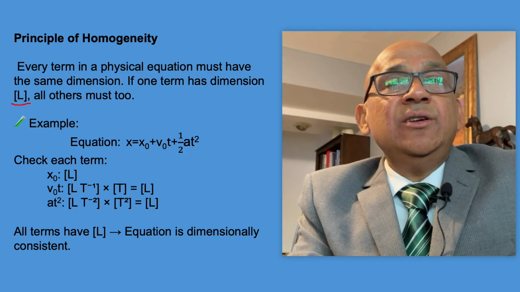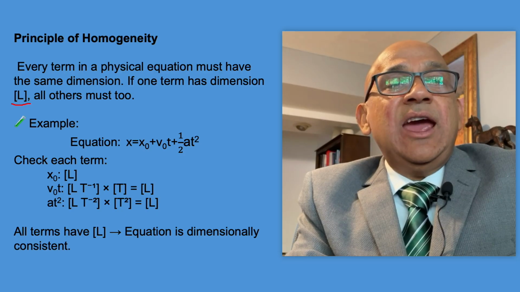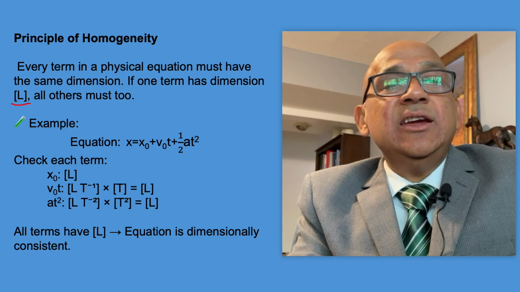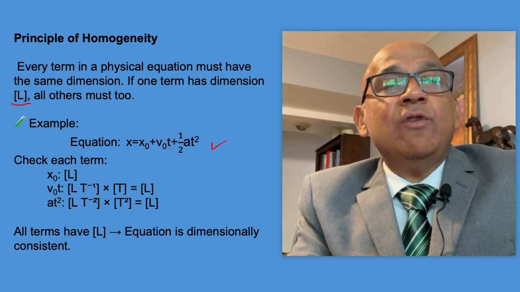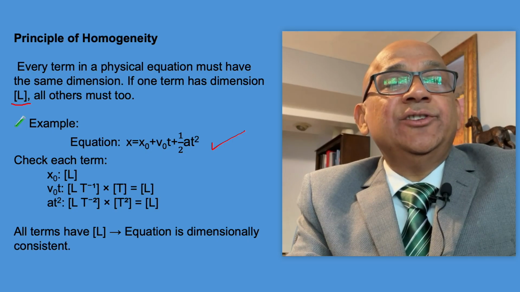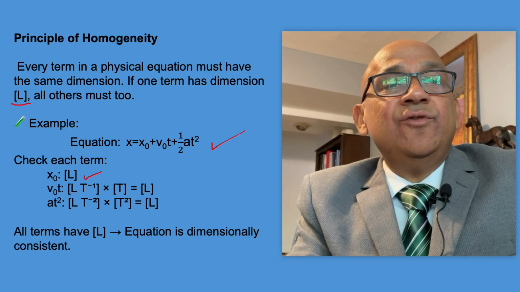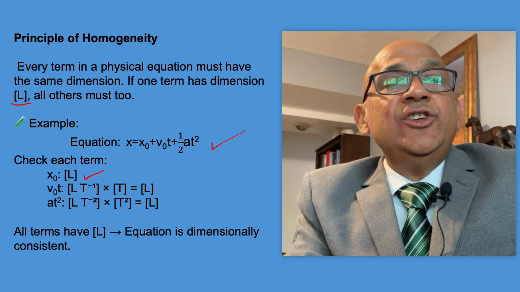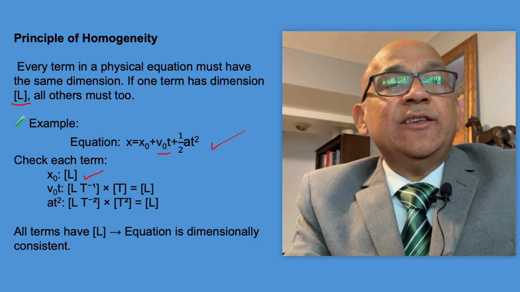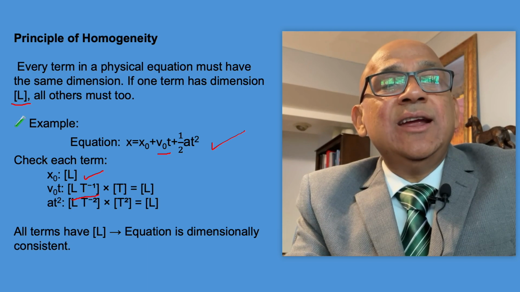Here is an equation: x equals x naught plus v naught t plus half a t square. Now let us check each term. x0 is the distance, so it has a dimension of L. In the v0 t term, v0 is the velocity, so it has a dimension of L T minus 1, and the small t here represents the time, which has a dimension of T.